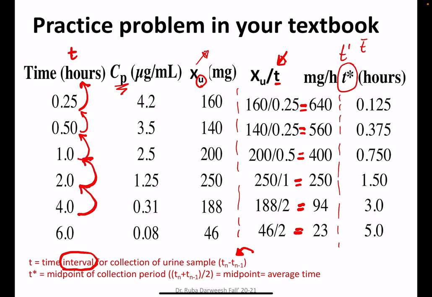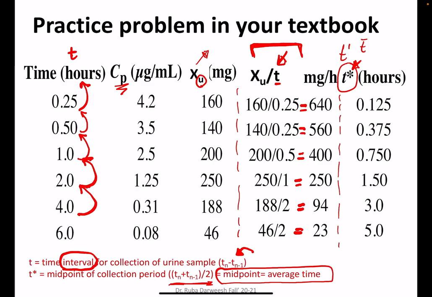So we are correcting for the time to have it as a time interval, okay? This, we usually call it the average excretion rate. Then we use the mid time point or the average time point, in which we take both time points, the exact time point and the one before it, over 2.